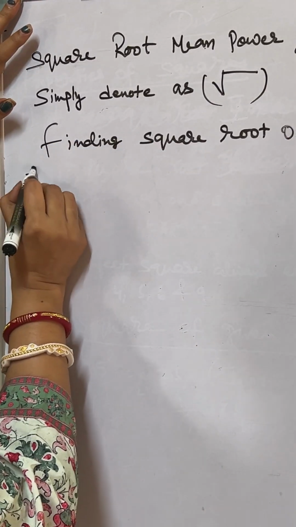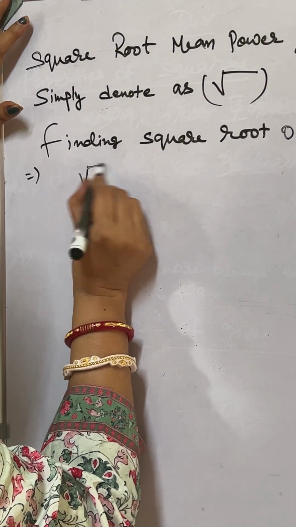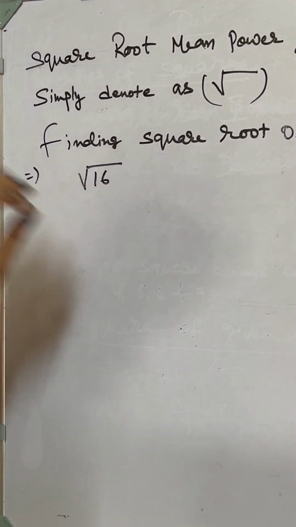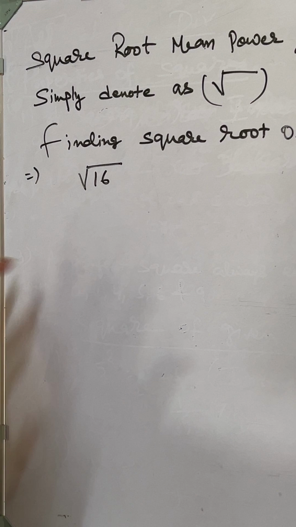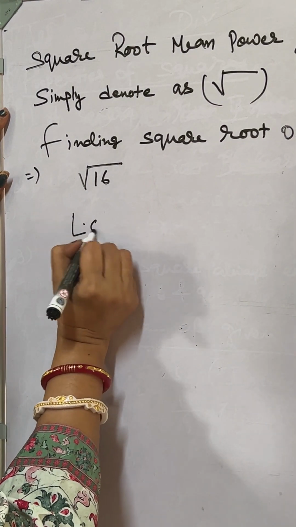The first step is to write 16 under the square root sign. Now we will find the square root of 16. For that, first of all, we need to take out the LCM.